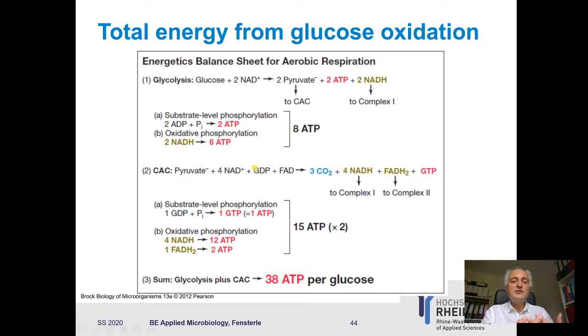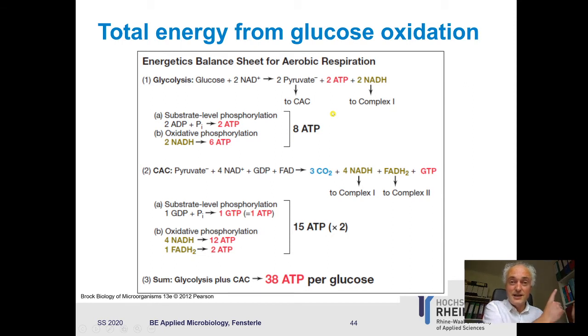So if we take that together and make the overall energetic balance for glycolysis and glucose oxidation: in glycolysis, we produce 2 ATPs from substrate level phosphorylation, and we have produced 2 NADH molecules, which, as we said, correspond to 6 ATPs, so in total 8 ATPs from glycolysis.